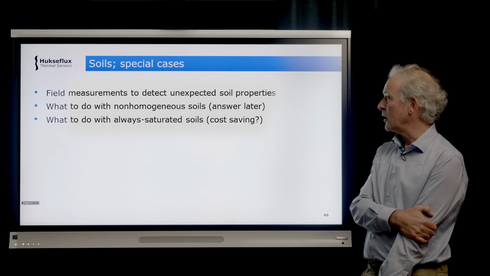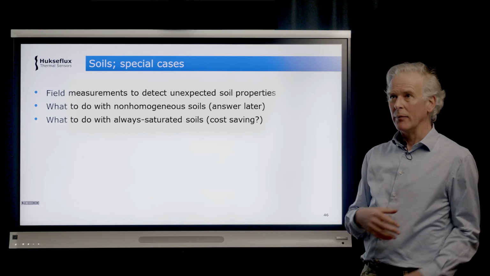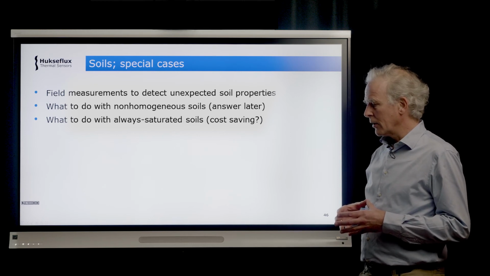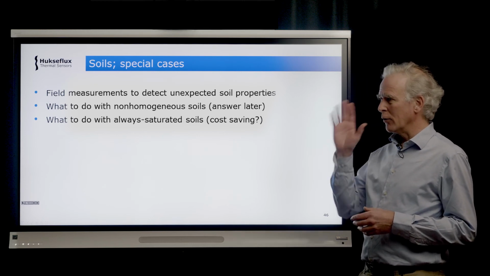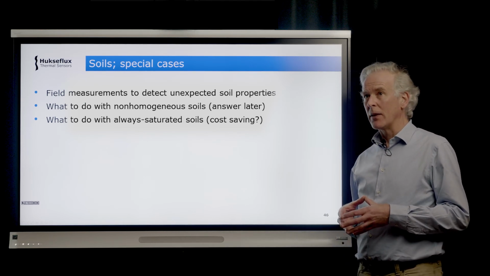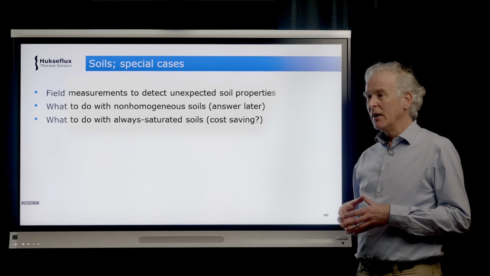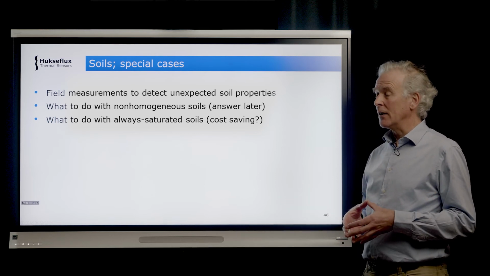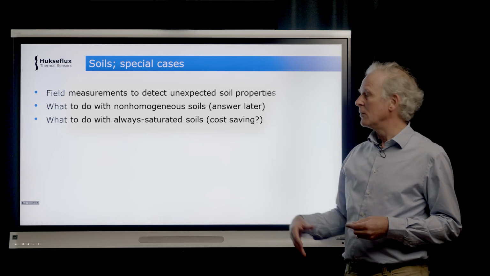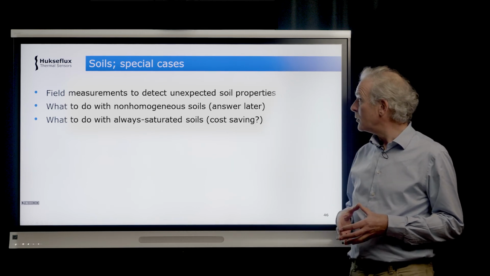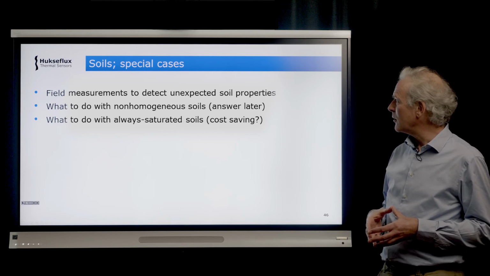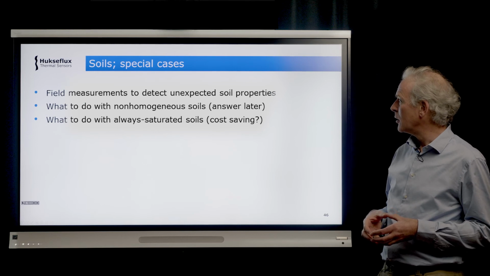For example, the survey might be along several kilometers of high voltage cable trajectory, and if there's some change in the properties, by doing regular measurements, you might be able to detect soils that are not behaving as normal.